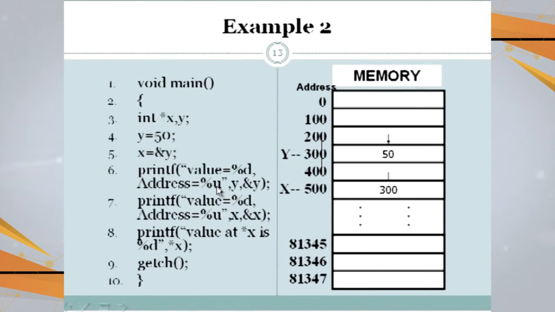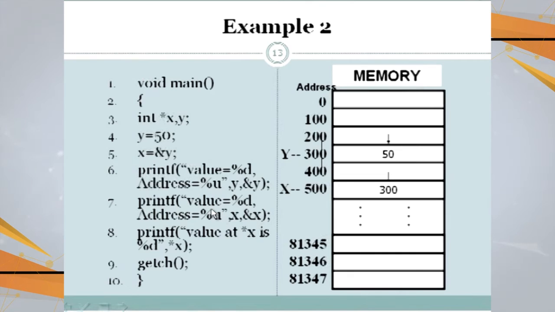You should notice that the address of a memory location is always unsigned, that is always positive, it can never be negative. That is why we use the format specifier %u for positive only values. It means unsigned value. So the address of the memory location is unsigned, that is why we use %u for displaying the value of the address.